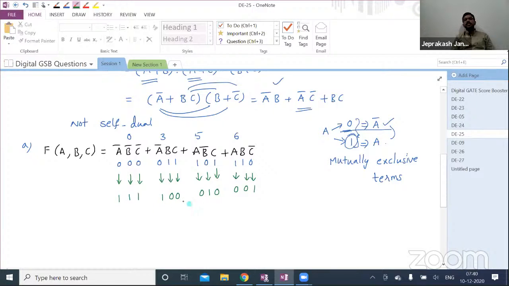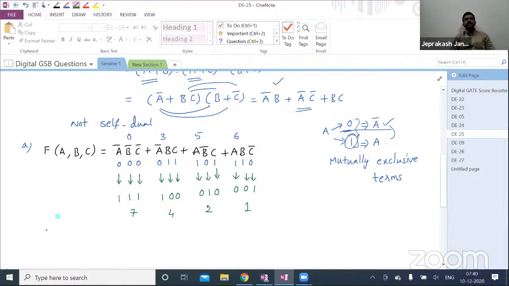Now write the corresponding decimal equivalent or minterm numbers. 111 is 7, 100 is 4, 010 is 2, 001 is 1. Right? 7, 4, 2, 1. Yes. Very good, Shushma.